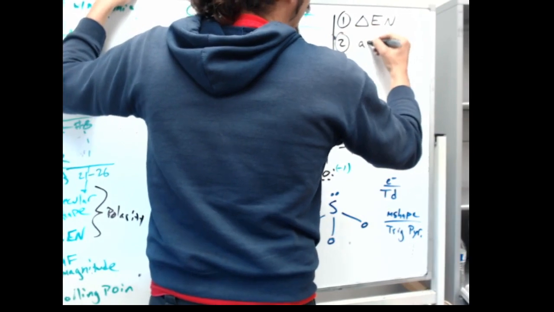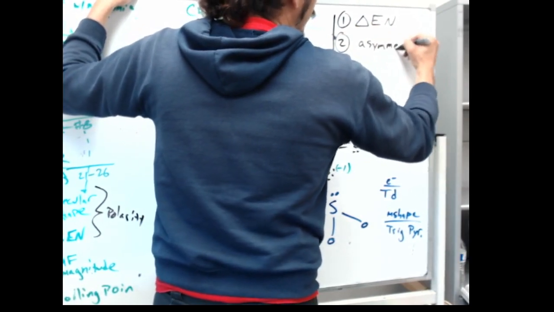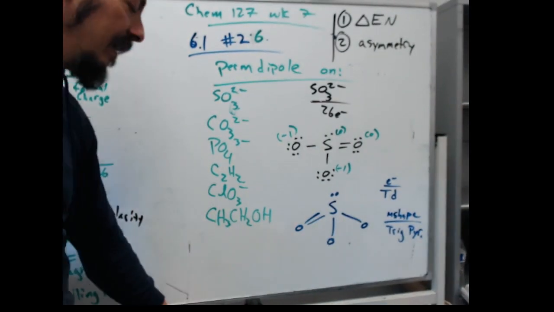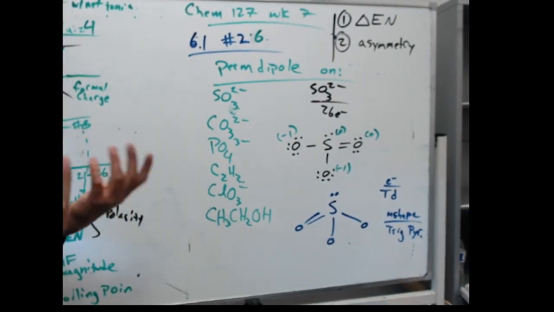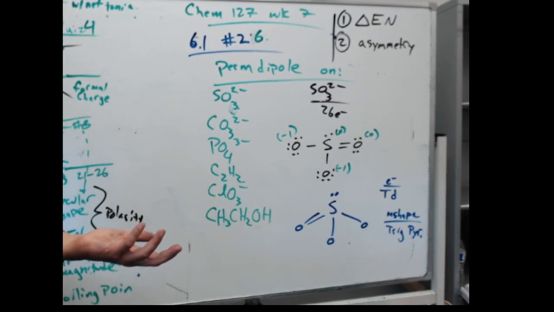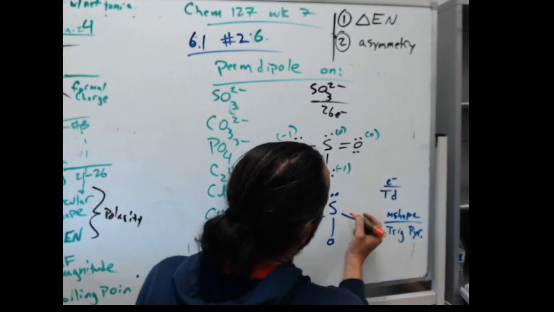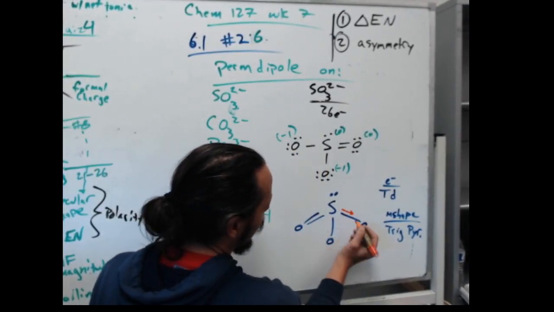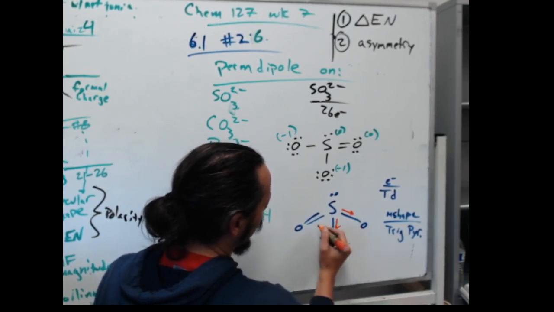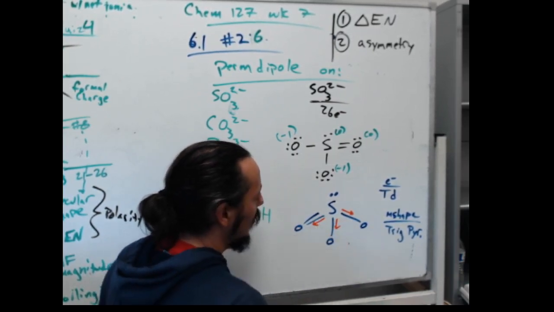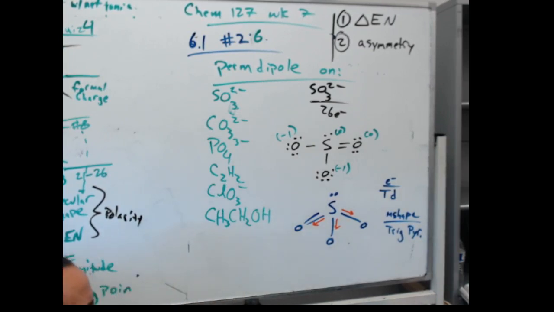Two, is there asymmetry in that? So, is there a difference in electronegativity between sulfur and oxygen? Yeah, it's not a huge difference, but those oxygens are going to be more electronegative, which means there's going to be electrons getting pulled away towards the oxygens in each direction.